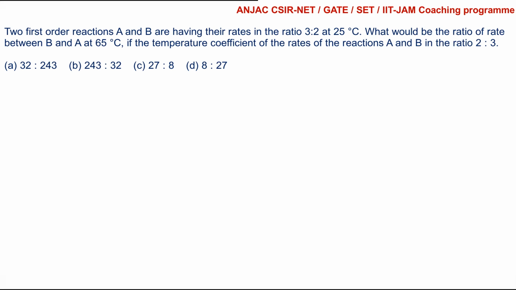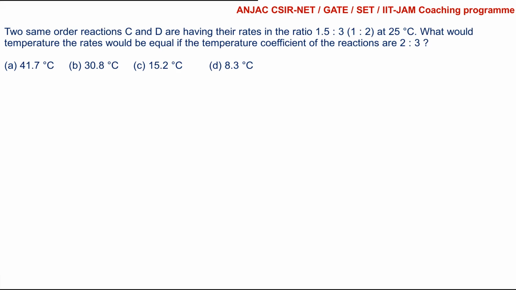The last type of problem in this section, take down the problem. Two same order reactions, C and D, are having their rates in the ratio 1.5:3.